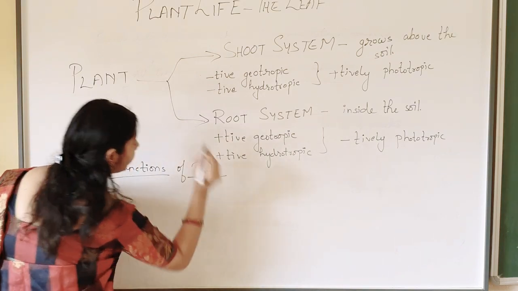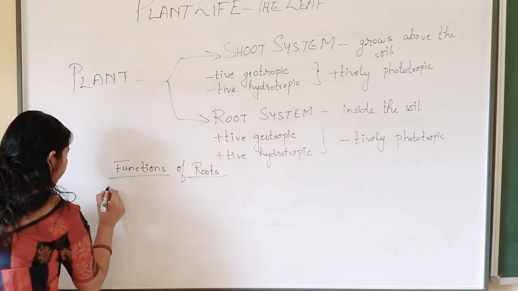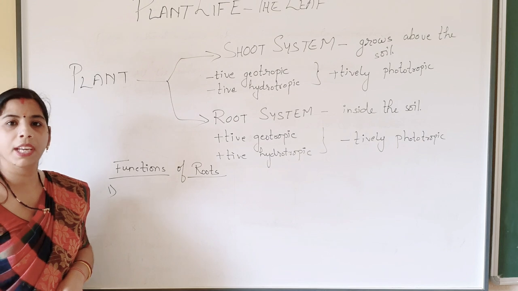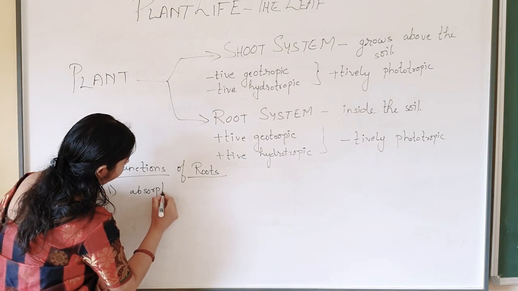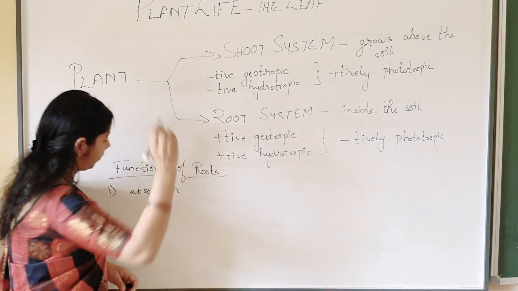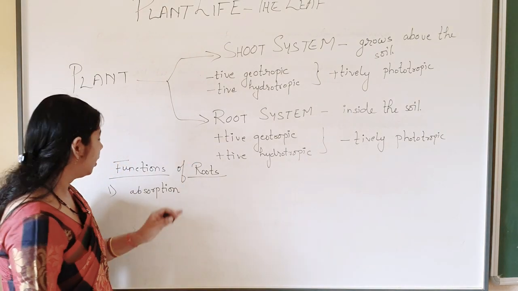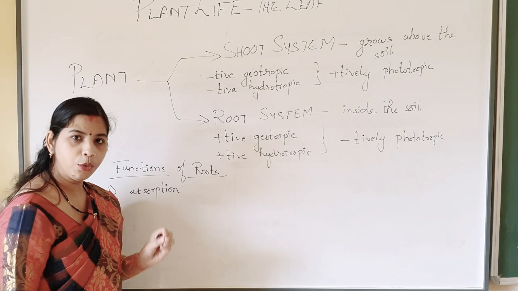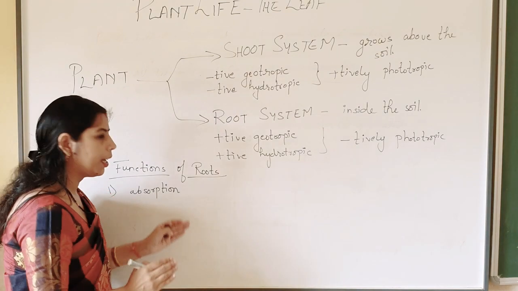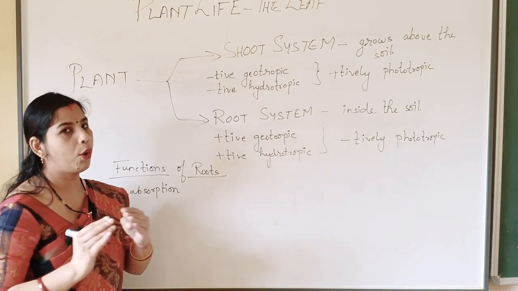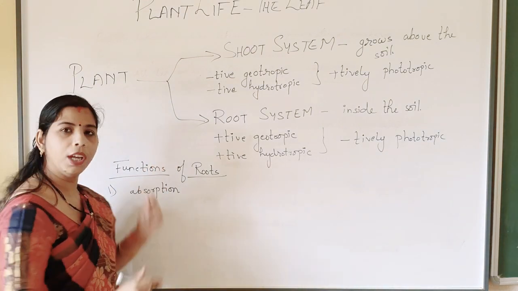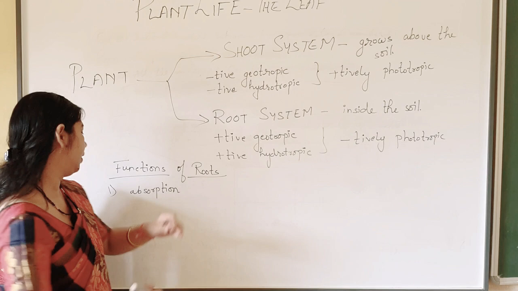Now the first function, it helps in absorption. How does it help in absorption? The roots have minute root hairs which help in the absorption of water as well as minerals from the soil, and it is supplied to the other parts of the plant.